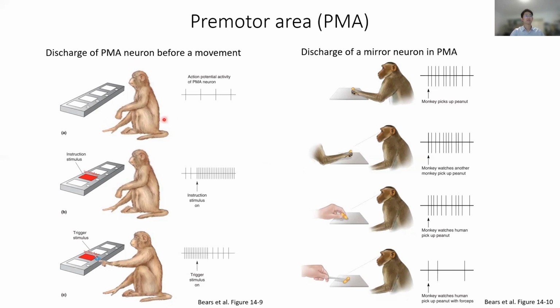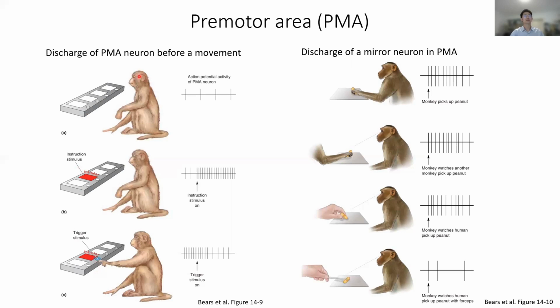So this poor monkey is asked to do another task. They have to respond to a signal. First, they have to wait in front of the screen. And once there's an instruction, the light is on, the subject is going to press a button.